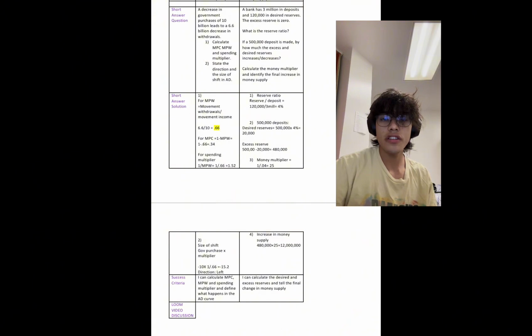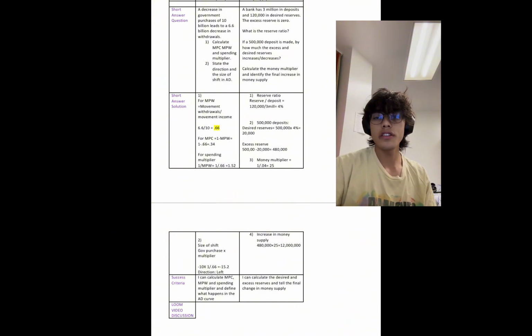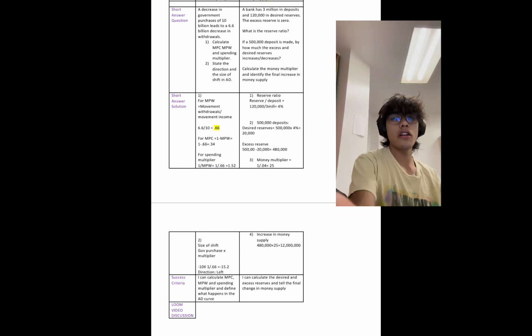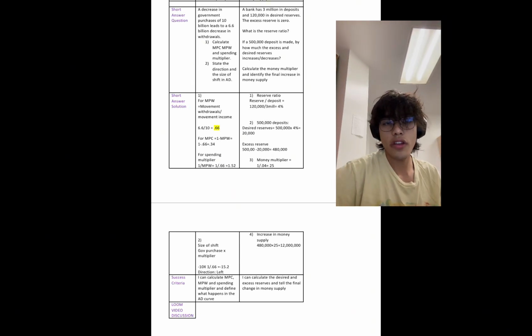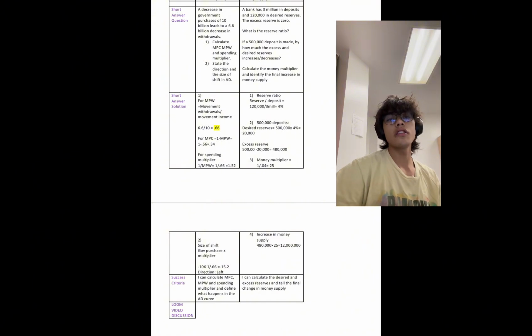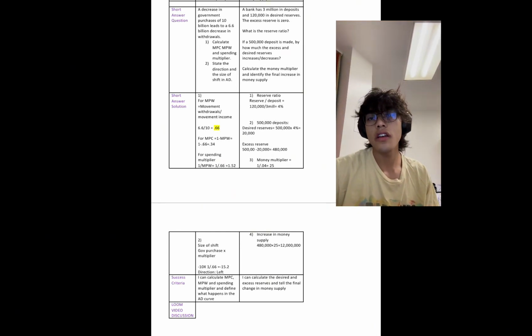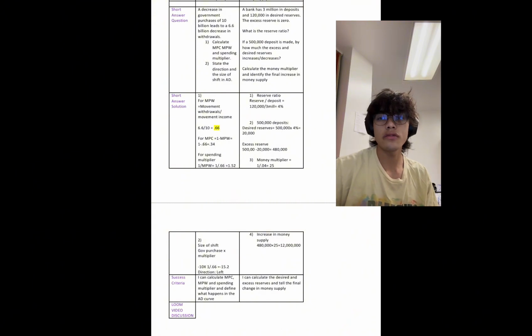The last question is from chapter 12, and what you need to know is the whole money creation process. You need to calculate the reserve ratio, the desired reserves, and the excess reserve.